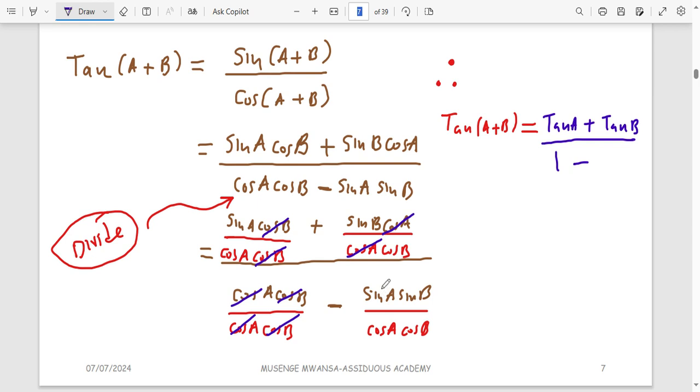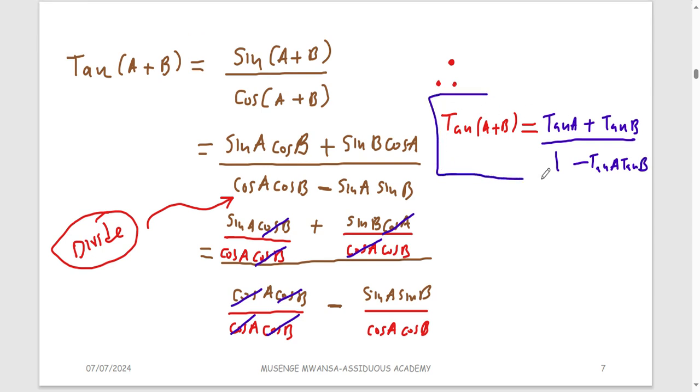For the second one, we have got sin A over cos A, that is tan A, and then we also have sin B over cos B, that is tan B. So this is the identity that you use for tan(A plus B).